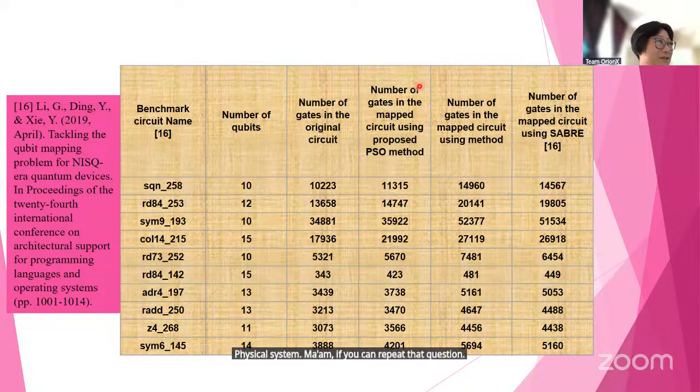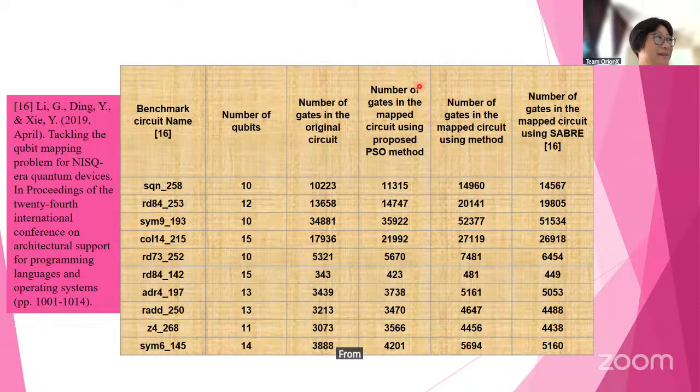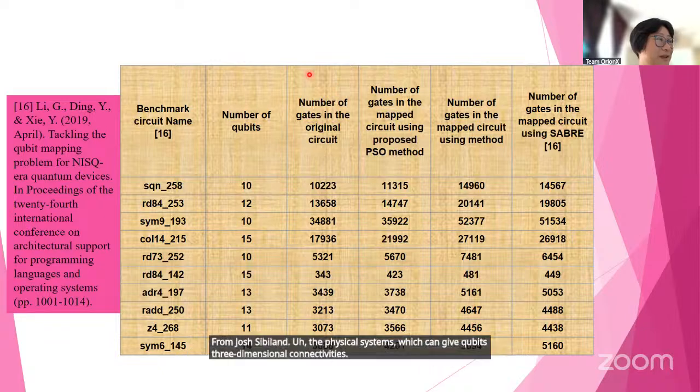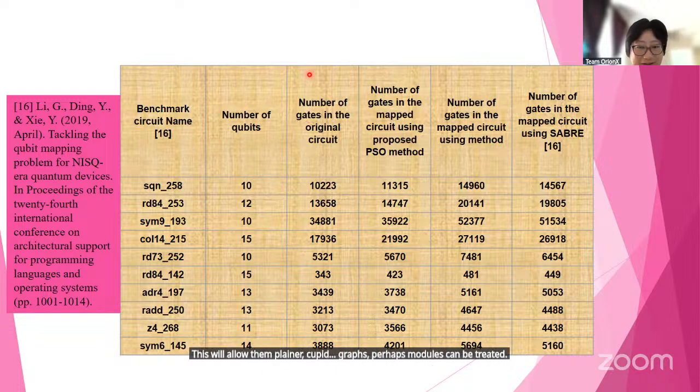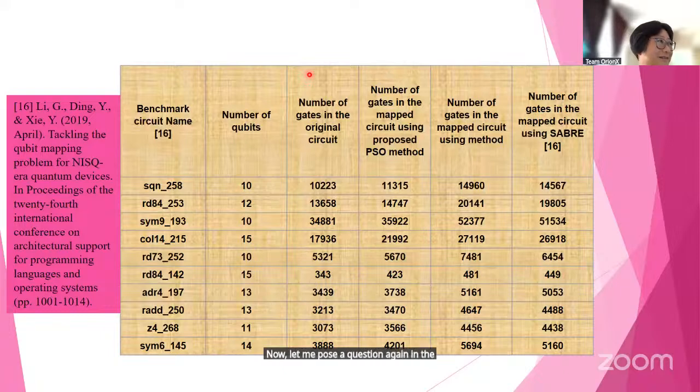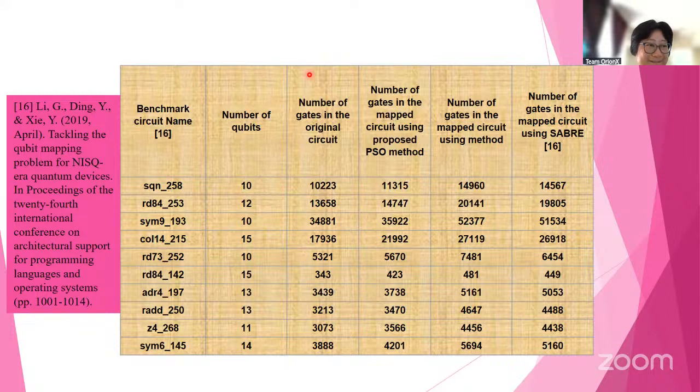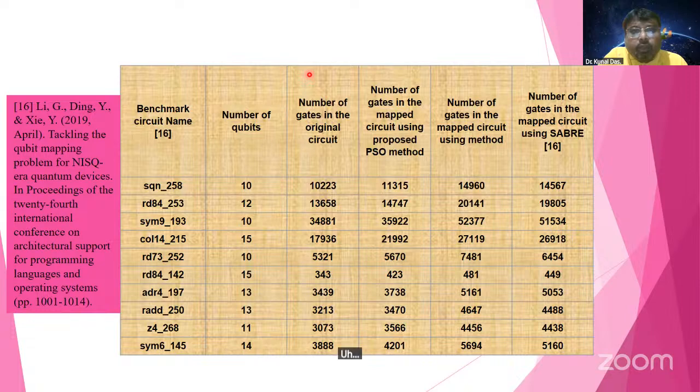So the question is on the chat from George Zieberland. Are there physical systems which can give qubit three-dimensional connectivities? This will allow non-planar qubit graphs. Perhaps molecules can be treated.